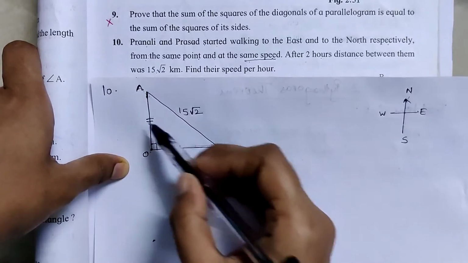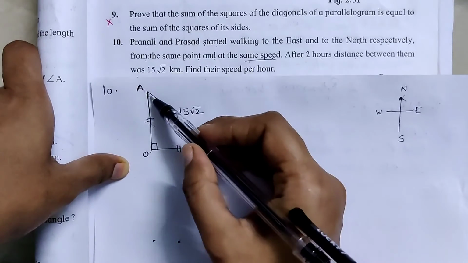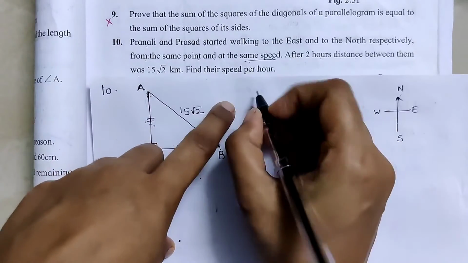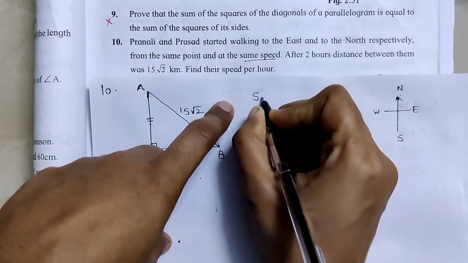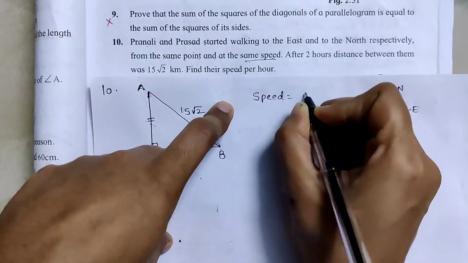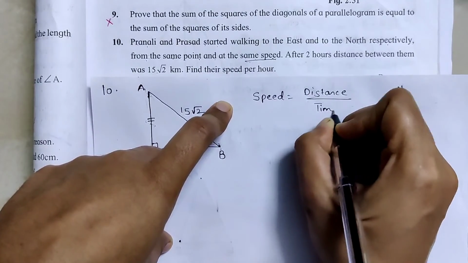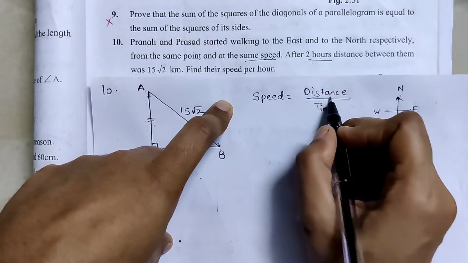Both were at the same speed. In order to find speed per hour, everyone knows the formula. The formula of speed is distance upon time. Time we have, 2 hours. We need to find distance.